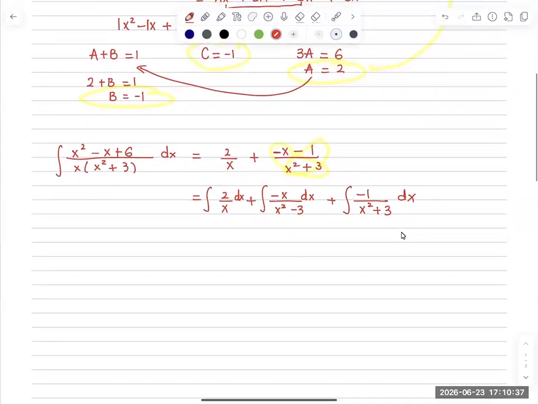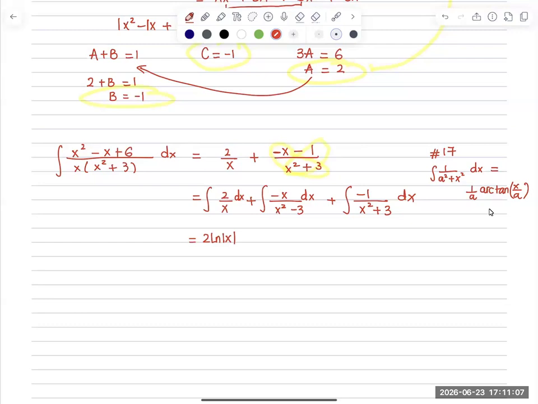I'm going to take care of the first one first. The first one gives 2 ln x, no problem with that. For the last one, we use table number 17, where the integral of 1 over a squared plus x squared dx equals 1 over a arctan of x over a. In this case a squared is 3, so a should be the square root of 3.